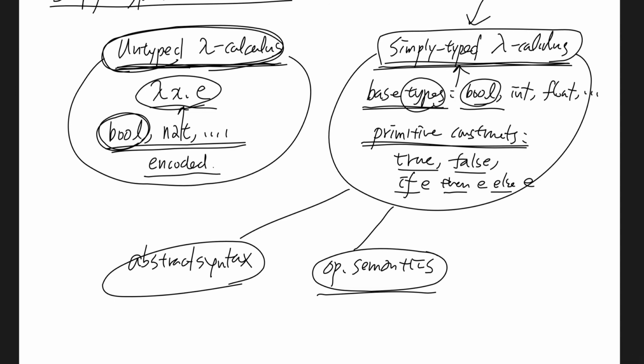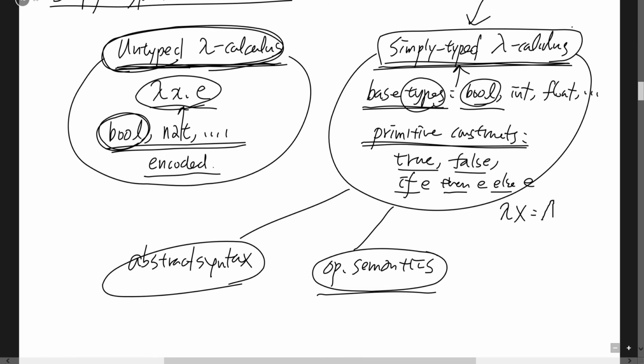Later, we will see that the lambda abstraction now has this form, lambda x : A . e. In untyped lambda calculus, we don't annotate this variable x, but here we are going to annotate it with its concrete type.